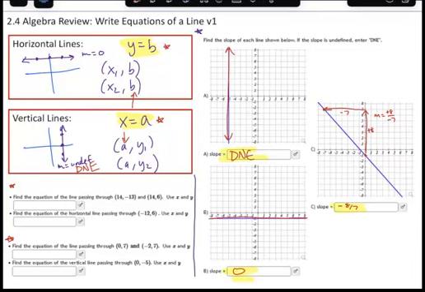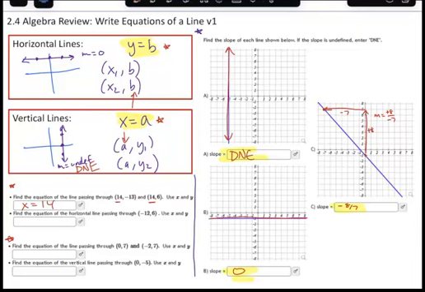Because if that's the case, here an x of 14 and an x of 14, all you need to do is write that x is always 14, and in equation form, x equals 14. Now, sometimes it won't give you that, and if that's the case, you go through the normal process for writing the equation of a line. But look to see first, is it a vertical or horizontal line?